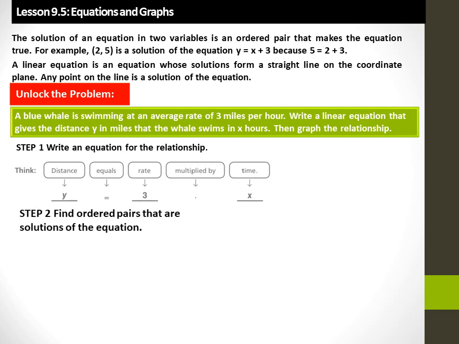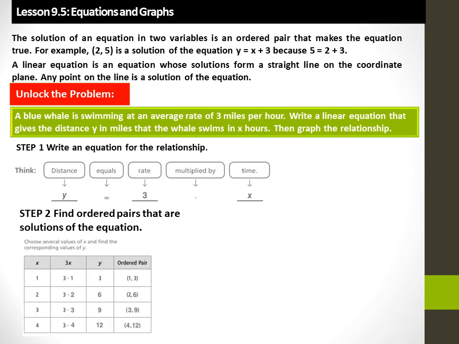Step 2. Find ordered pairs that are solutions of the equation. If x is equal to 1, 3x is equal to 3, and y would be equal to 3. So the first ordered pair is (1, 3). The second one is (2, 6), since 2 times 3 equals 6.